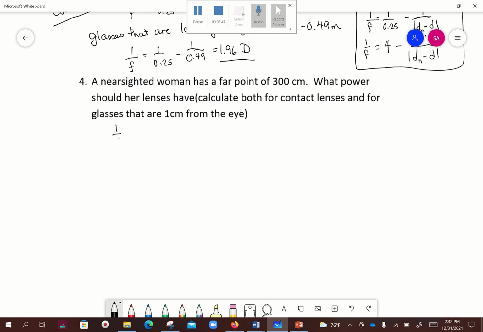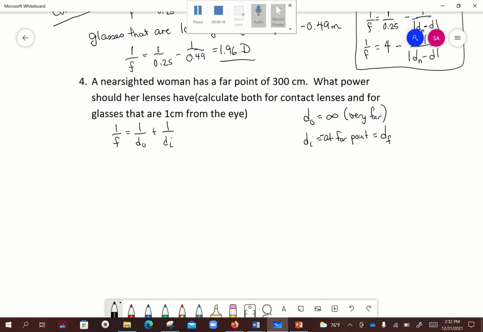So we've got 1 over f equals 1 over do plus 1 over di. Now we want our object to be infinitely far away, and we want the image to be at the person's far point, which we sometimes call df.